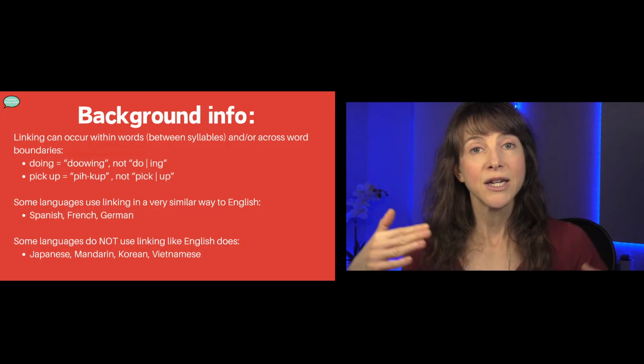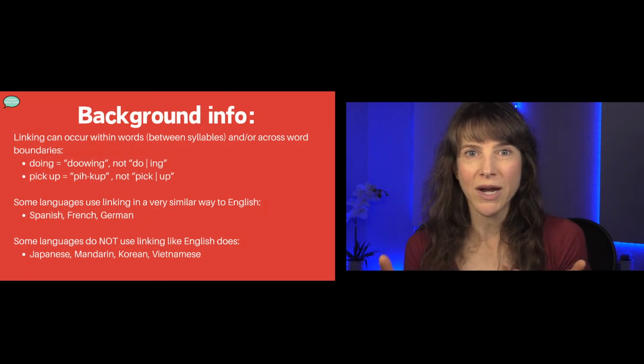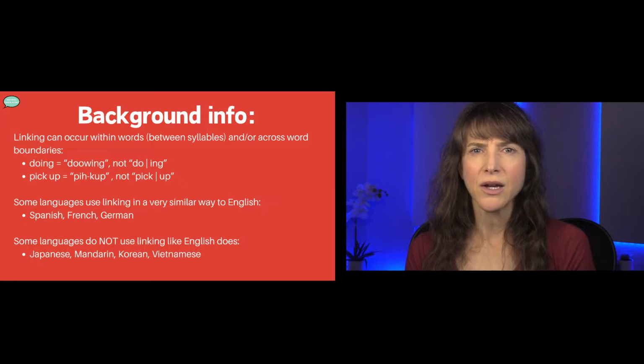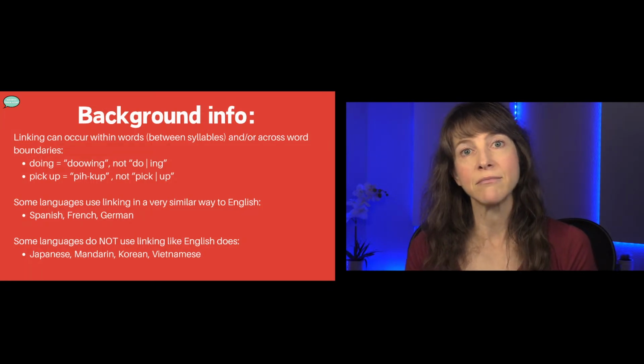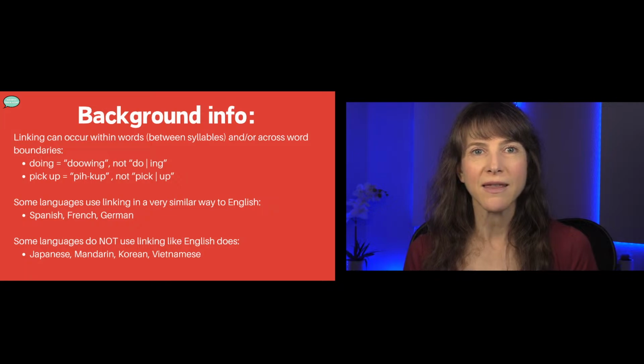Doing. It sounds like one word, right? 2 syllables, but one word. It's not pronounced like do-ing. There's no stop between the words. They're connected. They're linked. Okay, so you're probably already using this linking between a syllable, doing, between 2 syllables.